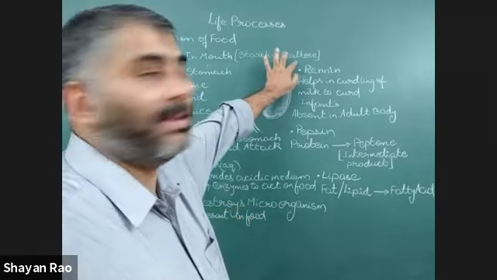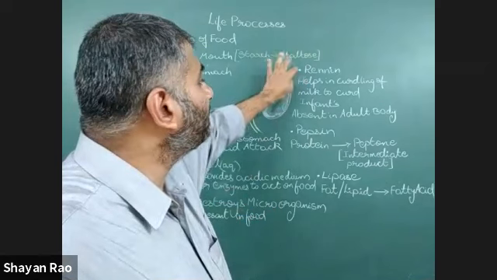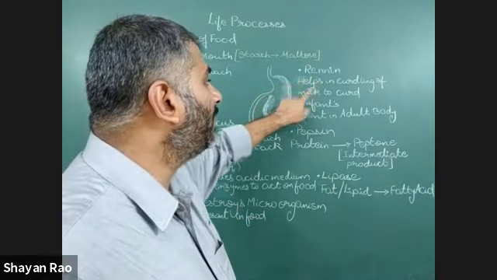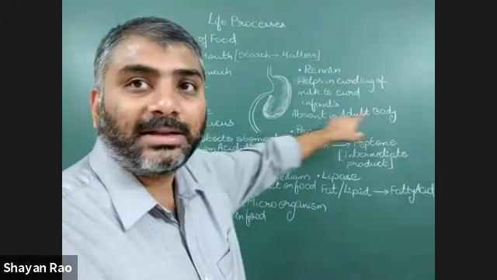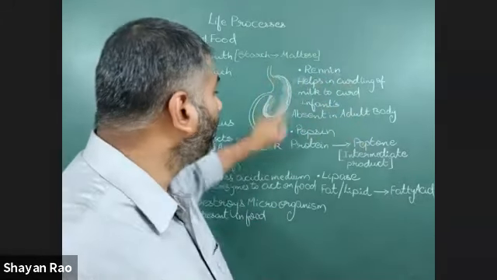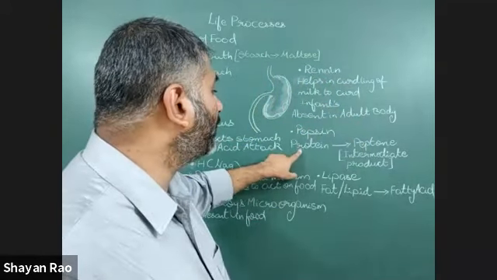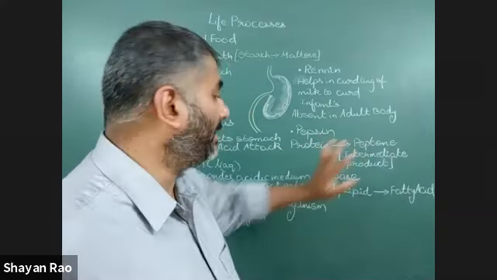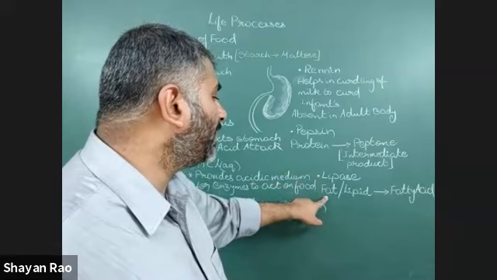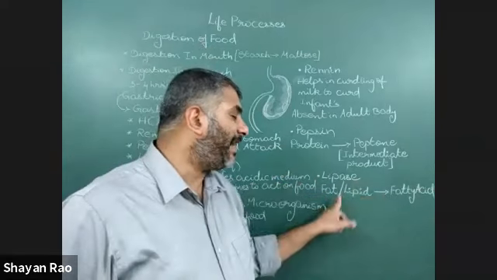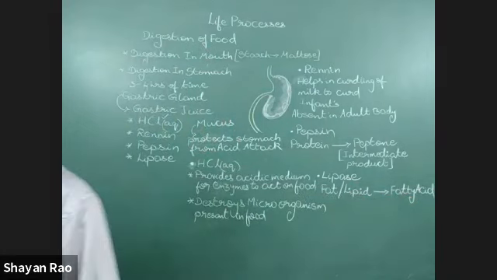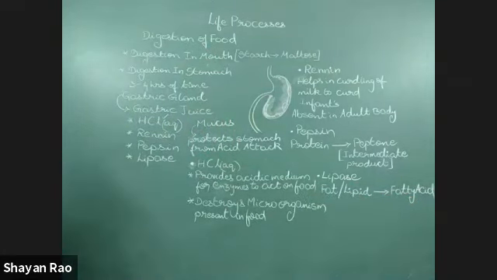Then you have the renin enzyme, present only in infants, which helps in curdling of milk to curd, and it is absent in the adult body. Pepsin helps in conversion of protein to peptone, which is an intermediate product of proteins. Lipase helps in conversion of fats or lipids to fatty acids. Hope this is clear to everyone. Yes, sir.